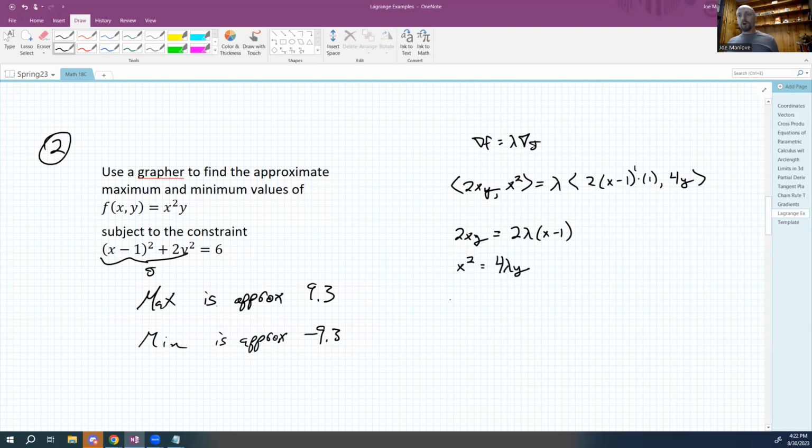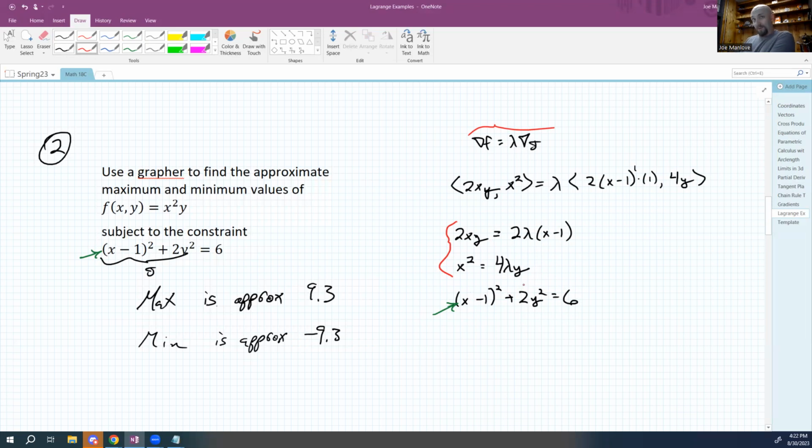And then we have our further constraint equation, which is x minus 1 squared plus 2y squared equals 6. So that's this guy here. These other two equations came out of our Lagrange assumption. So these three equations together, you have to solve for the three variables, lambda, x, and y.